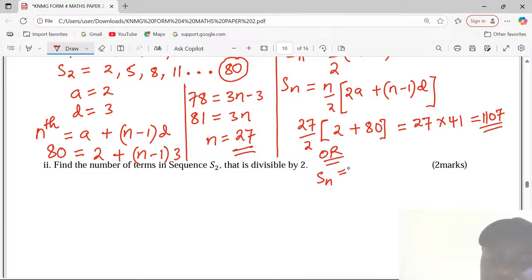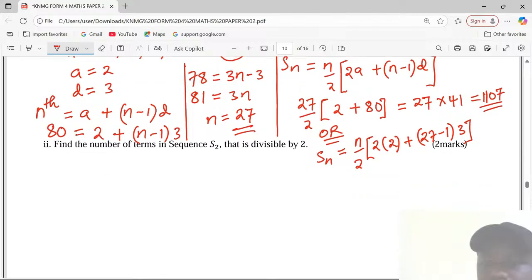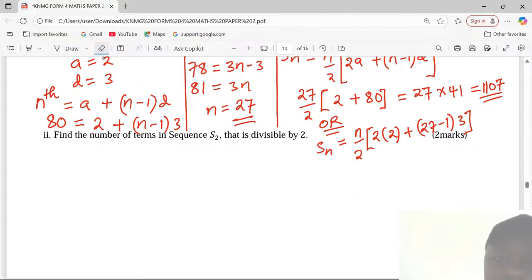Sum of n terms is given by n over 2 into 2 times the first term, which is 2, plus n minus 1, 27 terms minus 1, into a common difference of 3. N is 27.